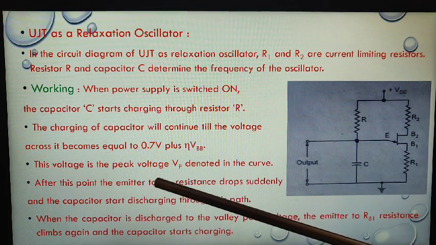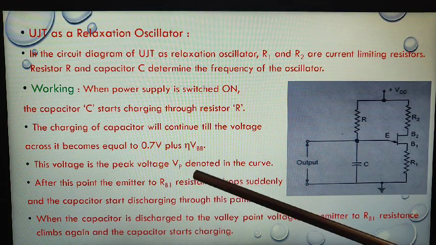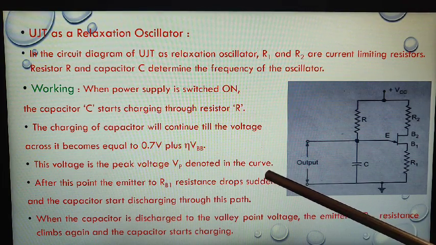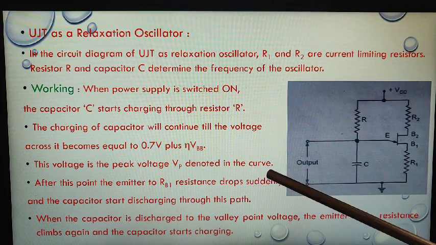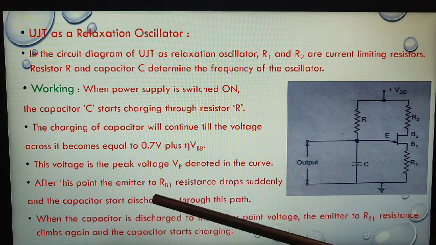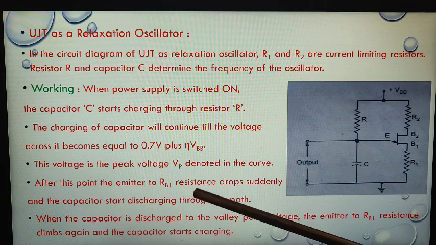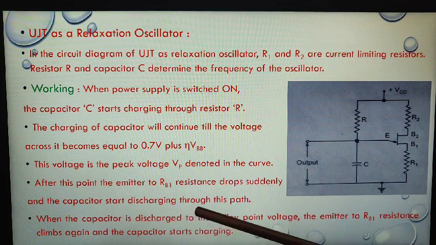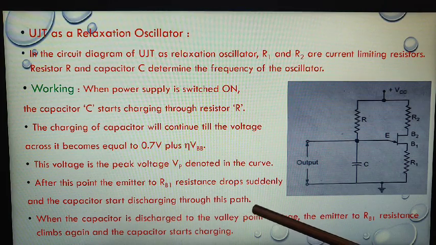This voltage is the peak voltage Vp denoted in the curve that we have seen. After this point, the emitter to RB1 resistance drops suddenly and the capacitor starts discharging through this path.